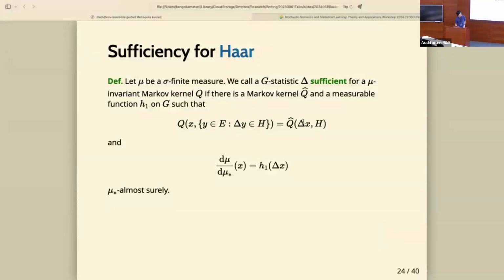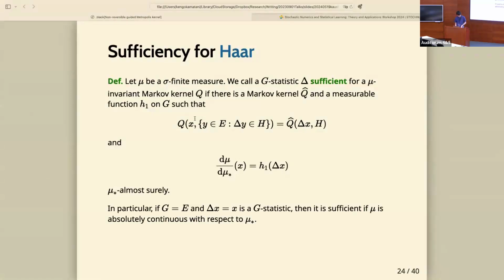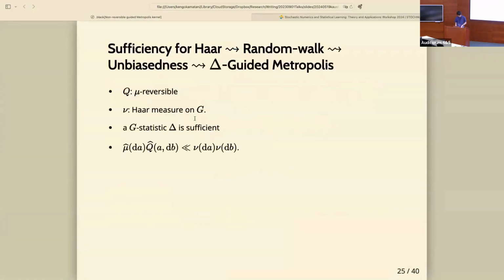So if delta is the same, Q must be the same. Under this condition, the behavior on the general state space is completely controlled by the ordered space. And in the ordered space, everything is fine, so everything should also be fine on the general space. That's the idea. Under this condition, and also under some regularity conditions, we can show that Q star under this construction is unbiased. So everything is fine.